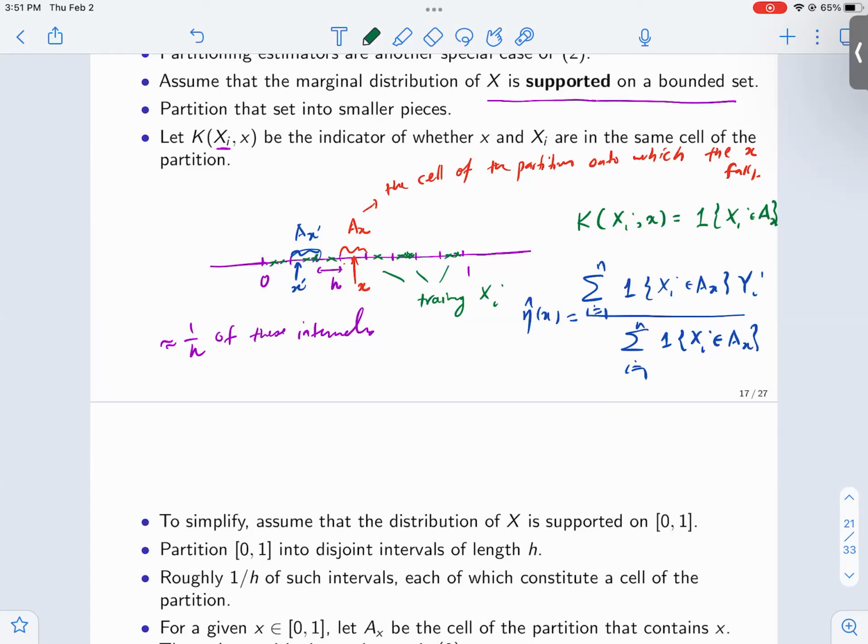For those two, the kernel is going to be active, so I'm just going to average the y_i's for the ones that are in the cell. It's a very simple procedure. Mathematically it looks a little bit strange, but intuitively it's simple. You see how many of your data points are in the same cell of the partition, and you average the y_i's over those x's. That would be your regression function estimate. It's the estimate of the probability of y equal to one given x. So this gives you an estimate of the probability, and then you can threshold it to get a decision.